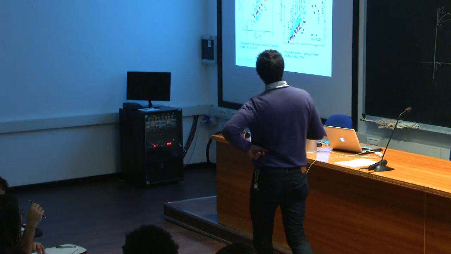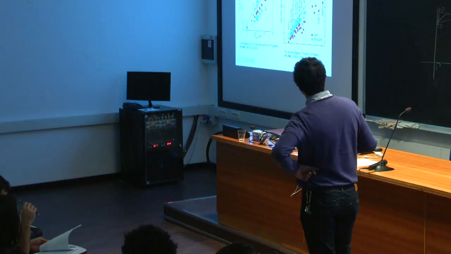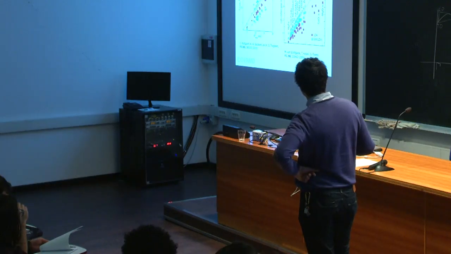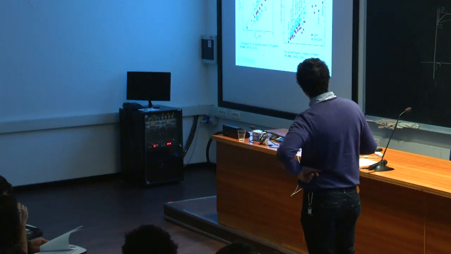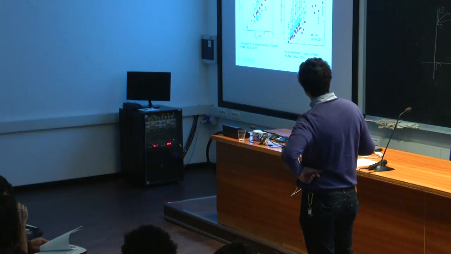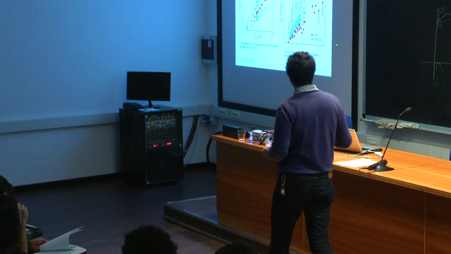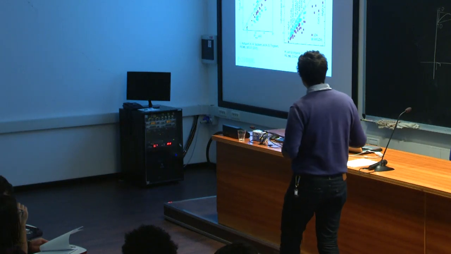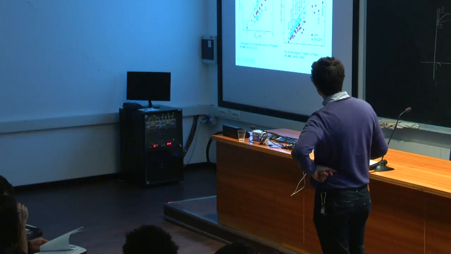Nevertheless, if we look at solids, these are band gaps of solids. Red is LDA and light blue is GW. We see that when compared to experiment, we correct pretty much the fake Kohn-Sham LDA band gap towards more meaningful and physical results.